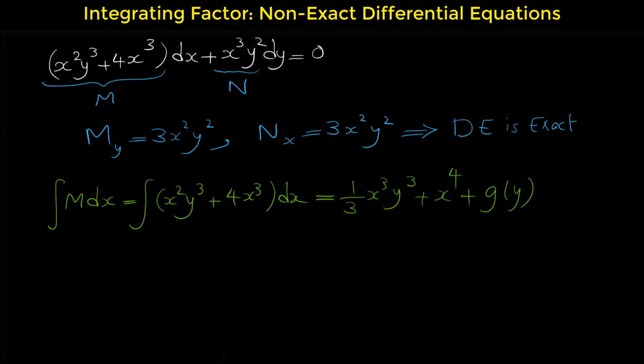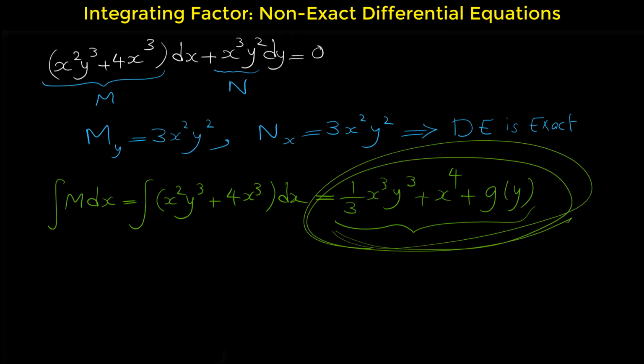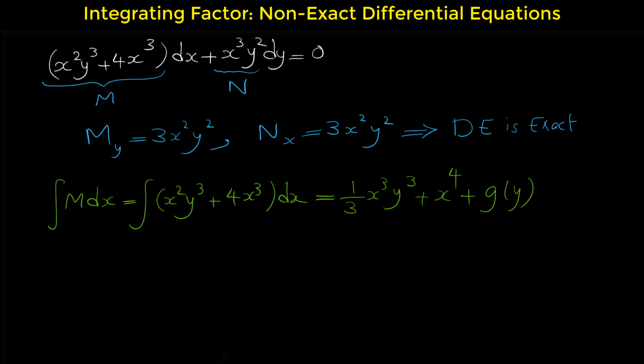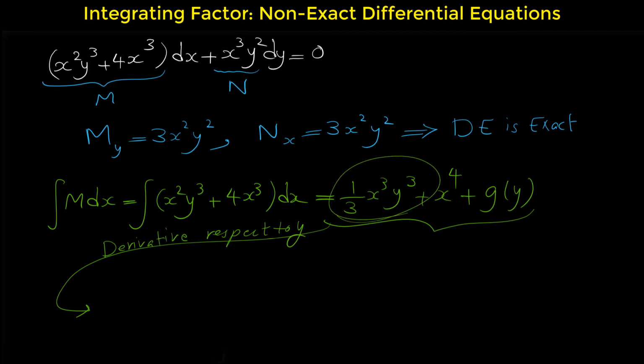Now, if you remember, for finding this g of y here, we have to differentiate this with respect to y, and the derivative of this with respect to y must be equal to the function here, to the N. So, if we differentiate this with respect to y, derivative of this term with respect to y, derivative of y to the 3 is 3y squared.